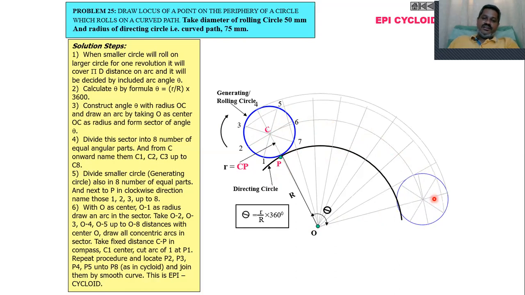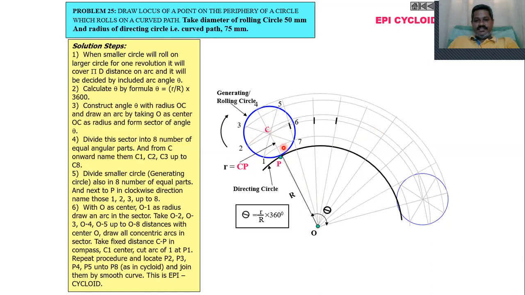Then, after drawing the concentric arcs to the directing circle from all the points of the generating or rolling circle, locate the centers where the sector lines and the concentric arcs intersect.